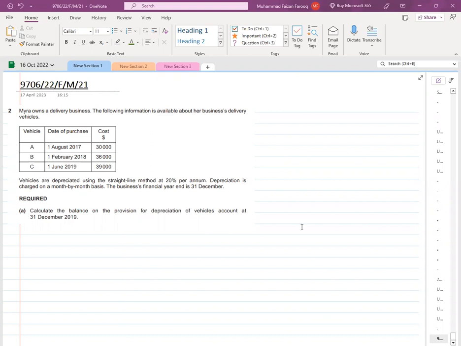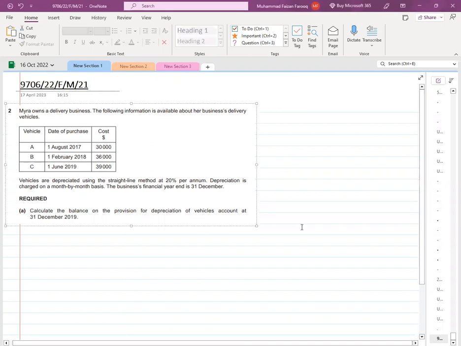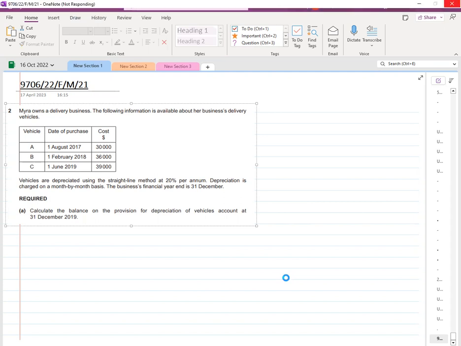Straight line, 20% straight line, month by month basis, and accumulated depreciation means total depreciation till now. Depreciation expense is for the year. Provision for depreciation means total depreciation till now.